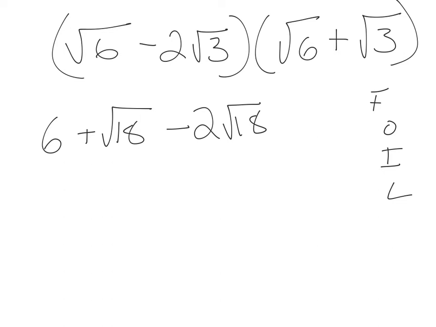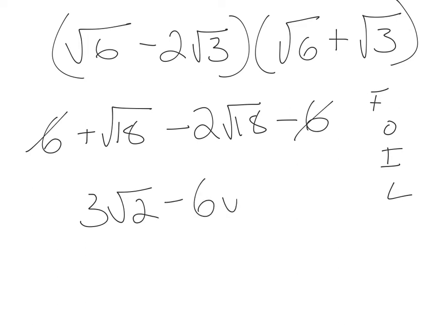And then finally last, negative 6. 6 and negative 6 cancel each other out. The square root of 18 can be simplified in both cases so that we have 3 root 2 minus 6 root 2, which is simply negative 3 root 2.